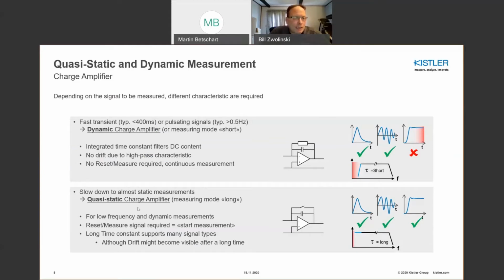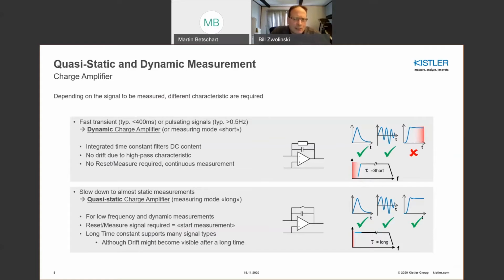A quasi-static measurement can do all of these. Although with a quasi-static measurement, you set the charge amp up for this long time constant setting, and at that point the amplifier has a very small leakage current, which appears as a linear drift in your signal, and it might become visible over time depending on what amplitudes you're really measuring.